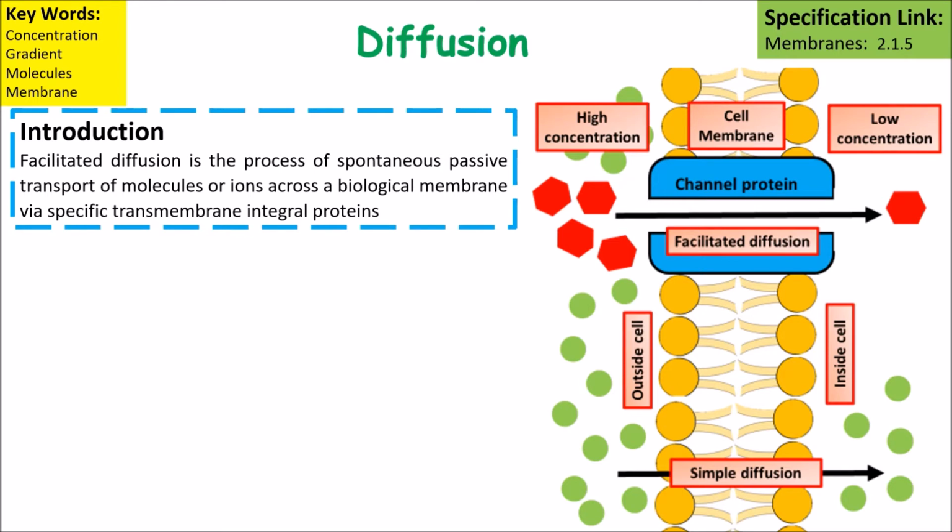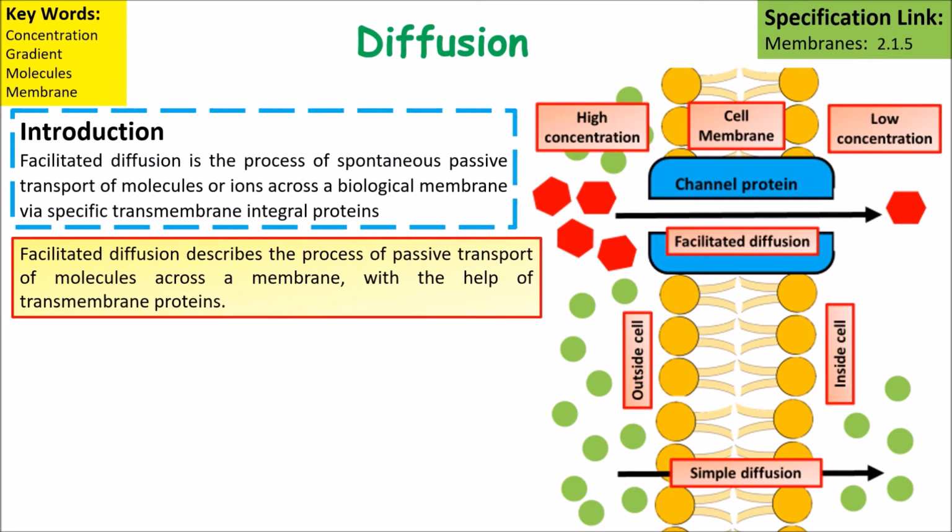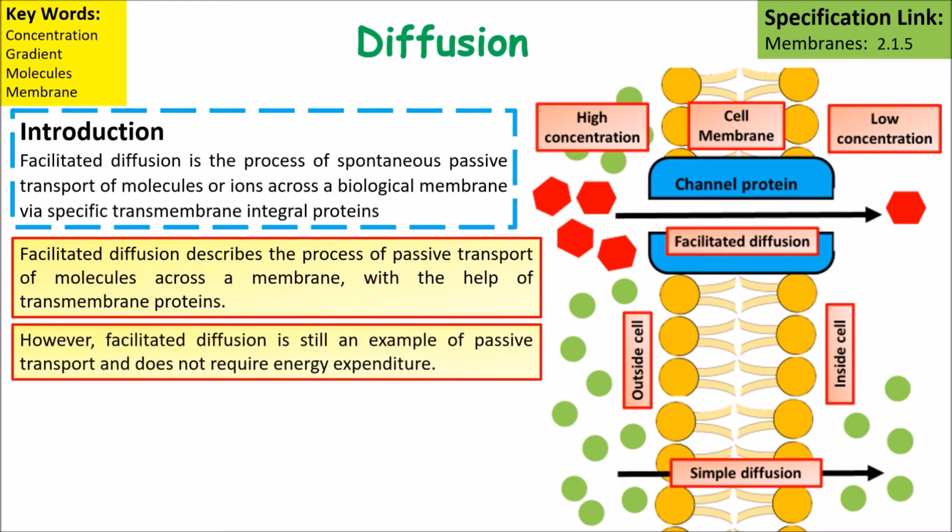Facilitated diffusion is the process of spontaneous passive transport of molecules or ions across a biological membrane via a specific protein. So facilitated diffusion describes the process of passive transport across the membrane. However, facilitated diffusion is still an example of passive transport as it does not require any energy to take place.